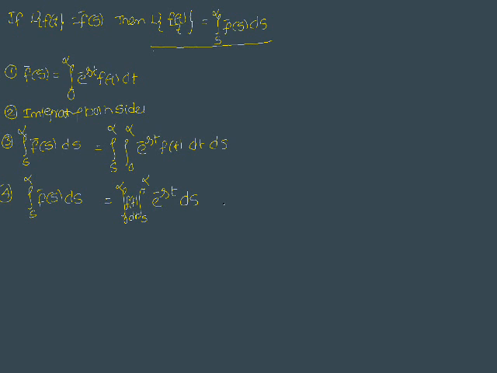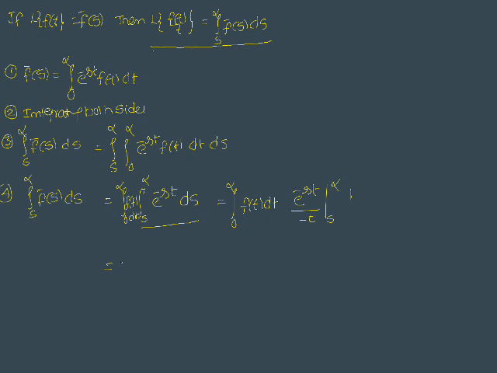Okay. So that is nothing but the integral from 0 to infinity of f of t into dt, into the integral from s to infinity of e power minus st. If you do the integration of e power minus st with respect to ds, you will get e power minus st by minus t, between the limits s to infinity.